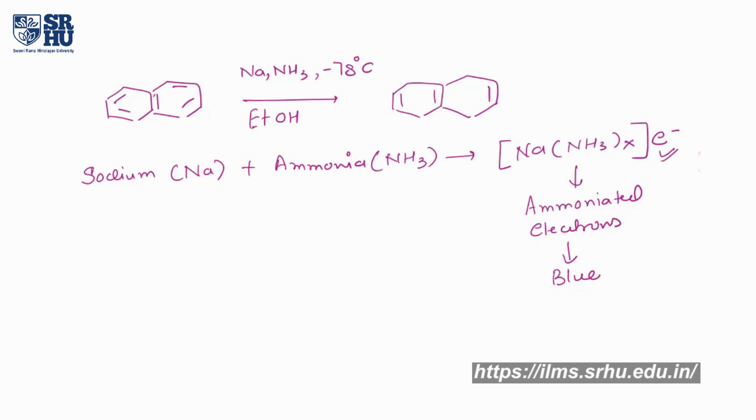So these ammoniated electrons are the reagent. These electrons are the reagents which are causing reduction. You can also consider them as nucleophiles. They are bound to this complex, hence they are known as ammoniated electrons.